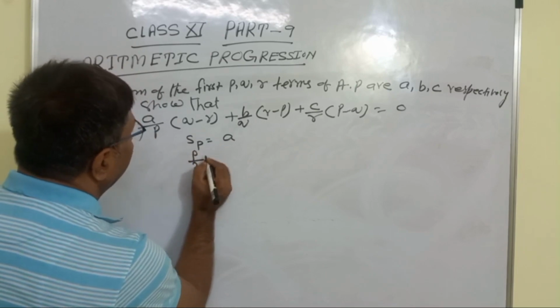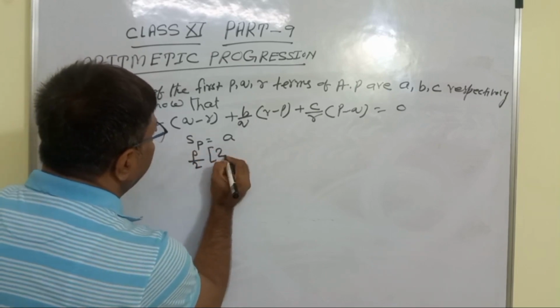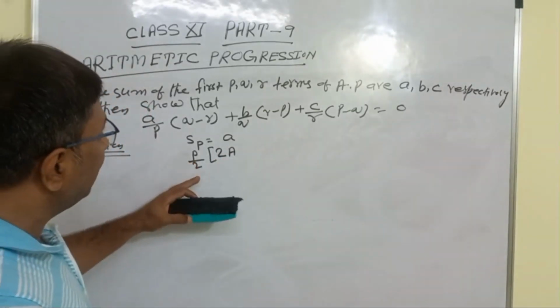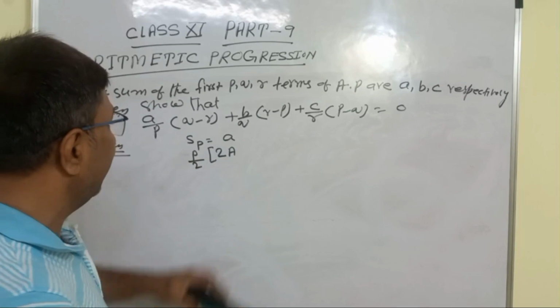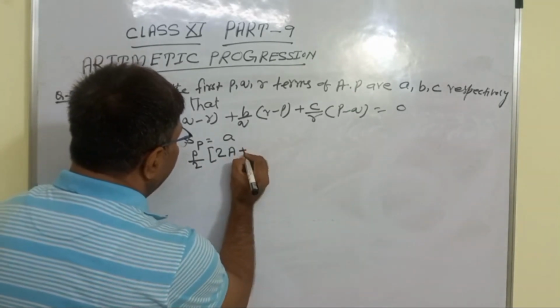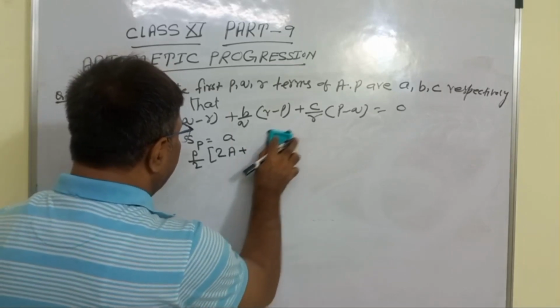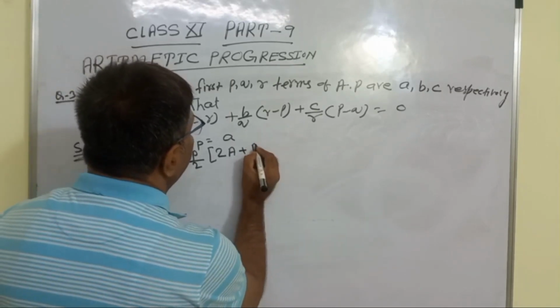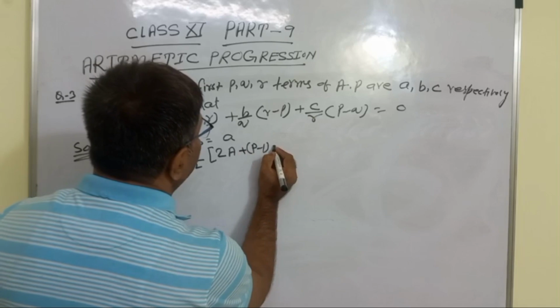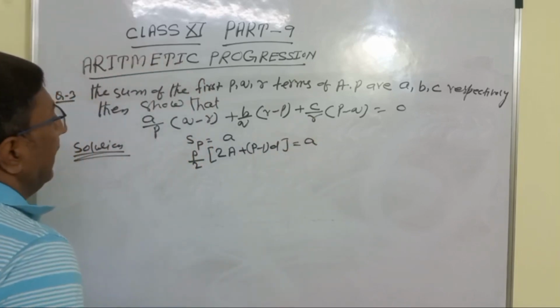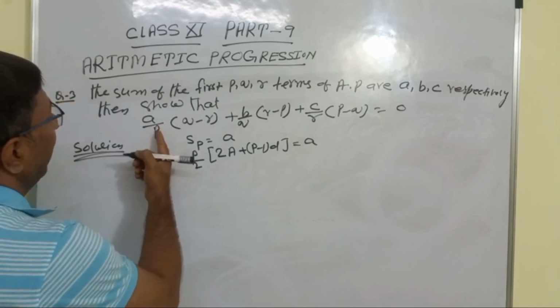So p by 2 into 2A, so here we are writing first term capital A, plus n minus 1. So n is what here? p. So we will write p minus 1 into d. And this is given what? a. Right?